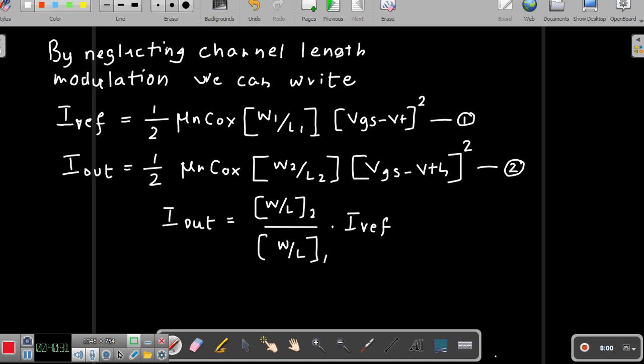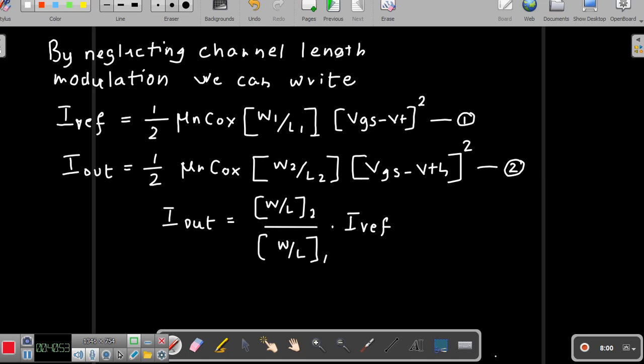So now it allows the copying of the current without depending upon the process and temperature, and this is referred to as the current mirror circuit, right? So basically it is used in the manufacturing of IC amplifiers, differential amplifiers, op amps and all.